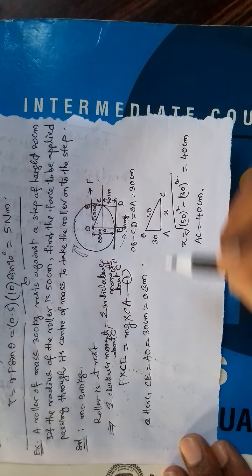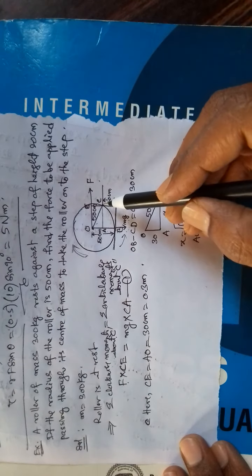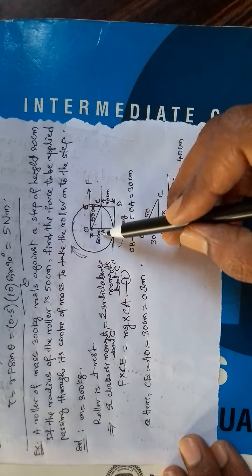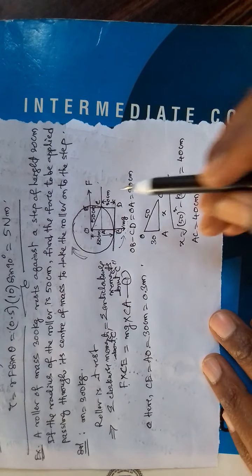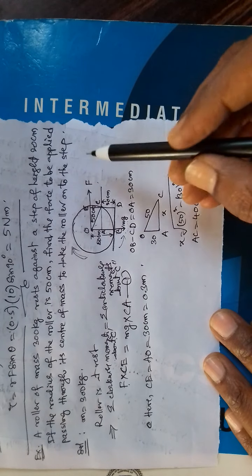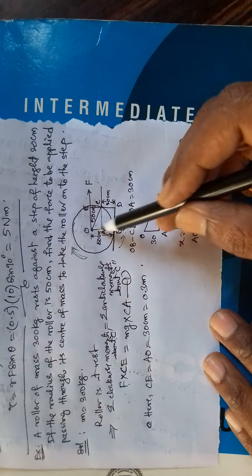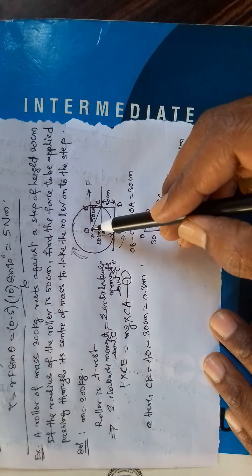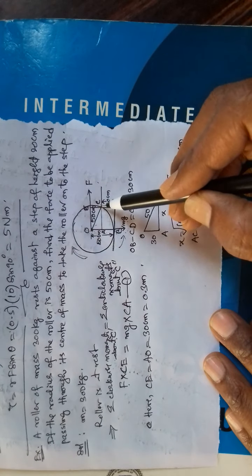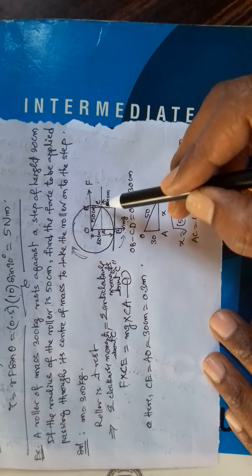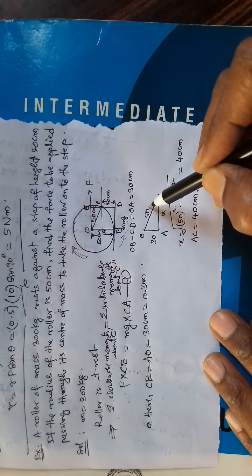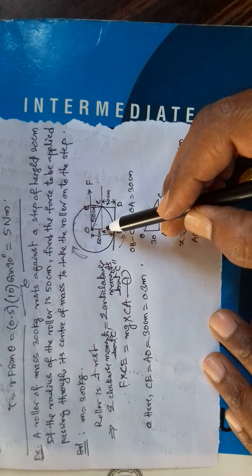Now CA. This is a right angled triangle. From O to C, OC becomes the radius of the roller, that is 50 centimeters. This is 30 centimeters.